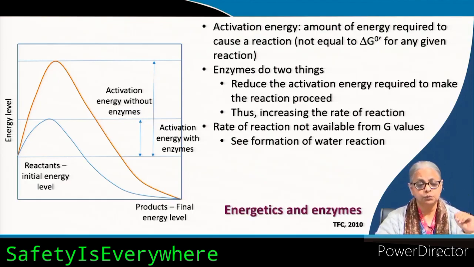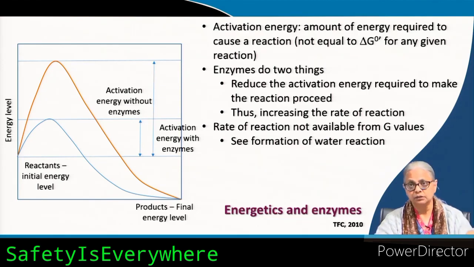They reduce the amount of activation energy required to make the reaction happen, and thereby they also increase the rate of reaction. So like I said, we know that when we are feeling tired, we take some sugary beverage. So whether it's tea or coffee or some other beverage, we know that the sugar in it is helping us to get over the slump.